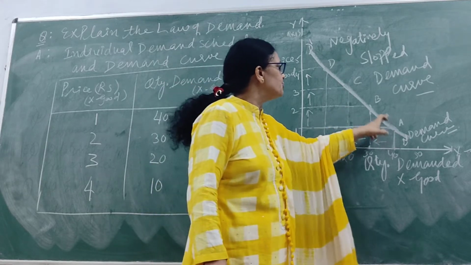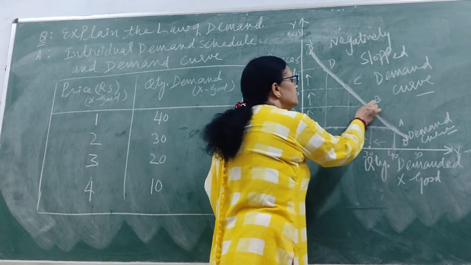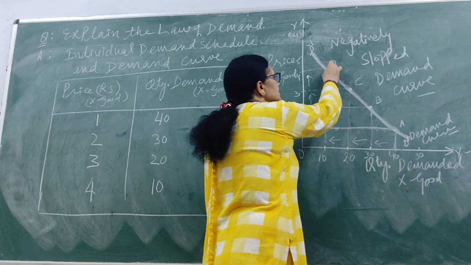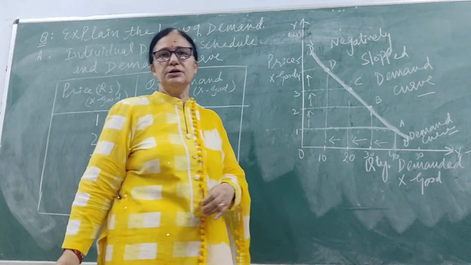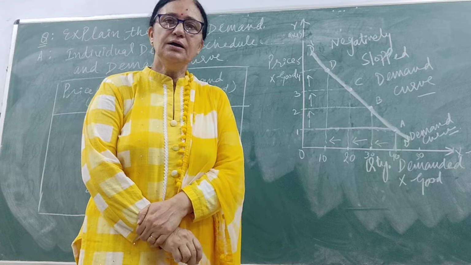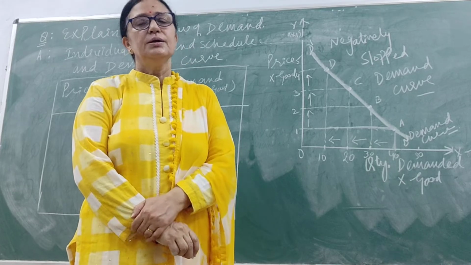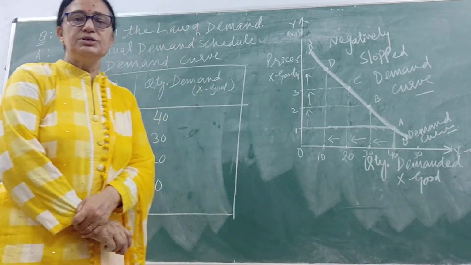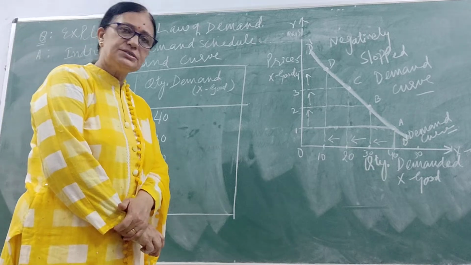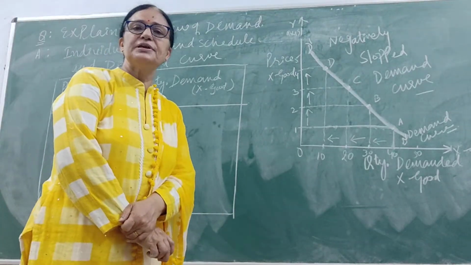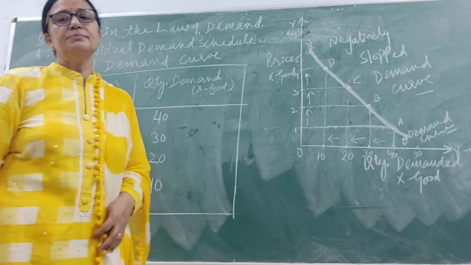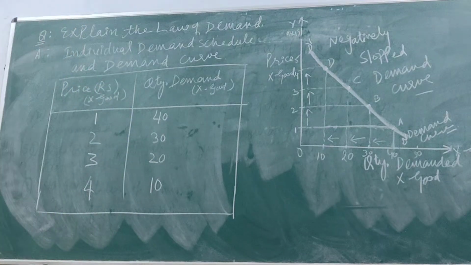By joining these points, point A with B, C and D, you get a negatively sloped curve. ऋणात्मक ढलान का मांग वक्र जो है वो हमें मिल रहा है. So from individual point of view, the law of demand states that there is a negative relation between the quantity demanded and the price.